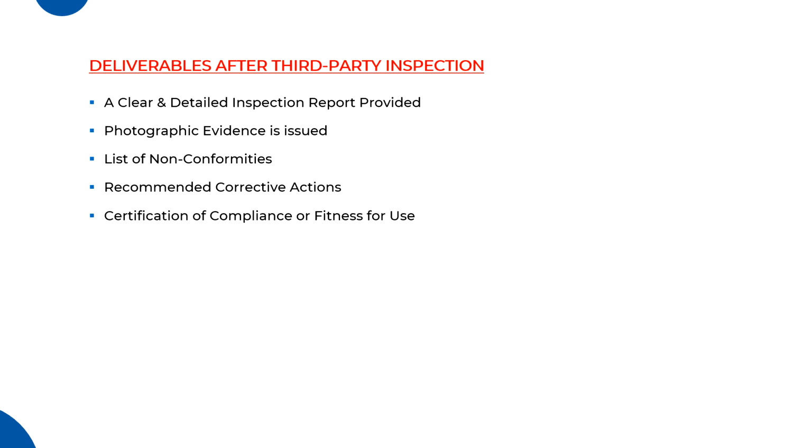Now, after the rig inspection, what documents are provided by the inspection company or inspection person, the third party inspection person, to the rig contractor? A clear and detailed inspection report is provided. Photographic evidence is also issued, because it is easy to understand.